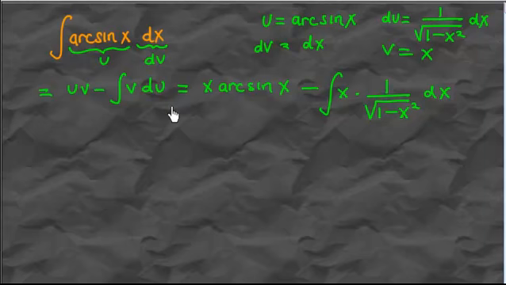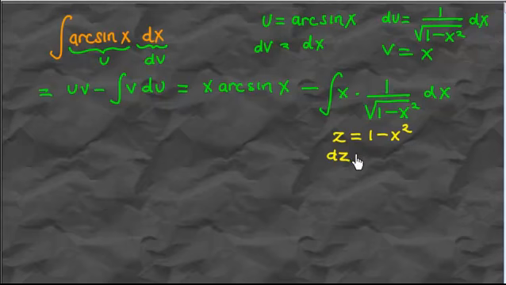Alright, in order to solve this problem completely, we need to be able to compute this integral. What is the best method to compute that integral? Can we use some substitution? Let's try. Let's use a new variable, z equals 1 minus x squared.